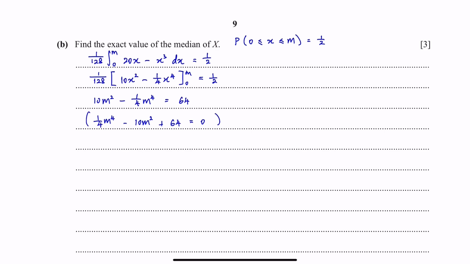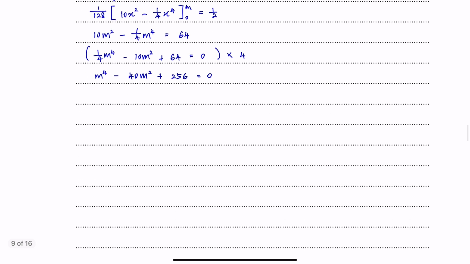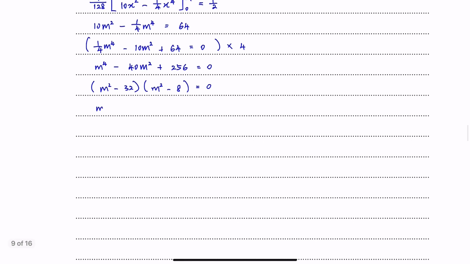So I multiply the whole equation by 4. So I have m to the 4 minus 40m squared plus 256 equals 0. Factorize this equation. I would have m squared minus 32 and m squared minus 8 equals 0. m squared would be 32 and m squared would be 8.